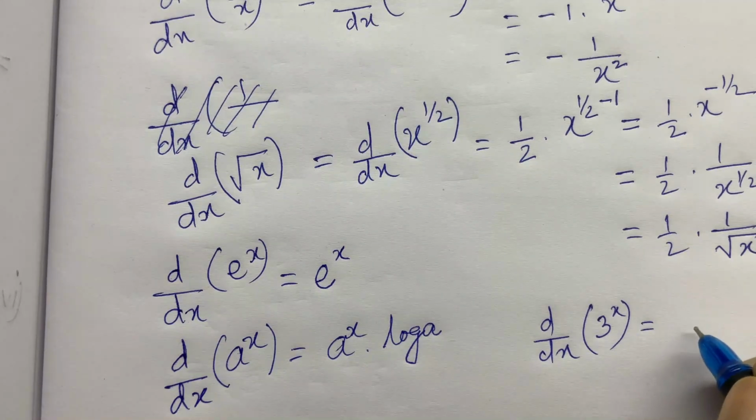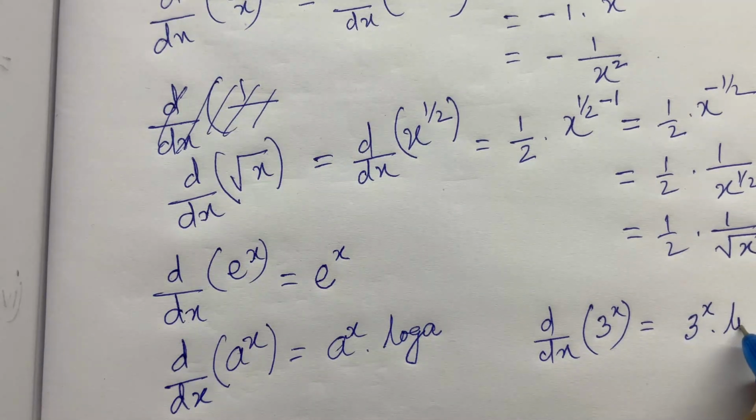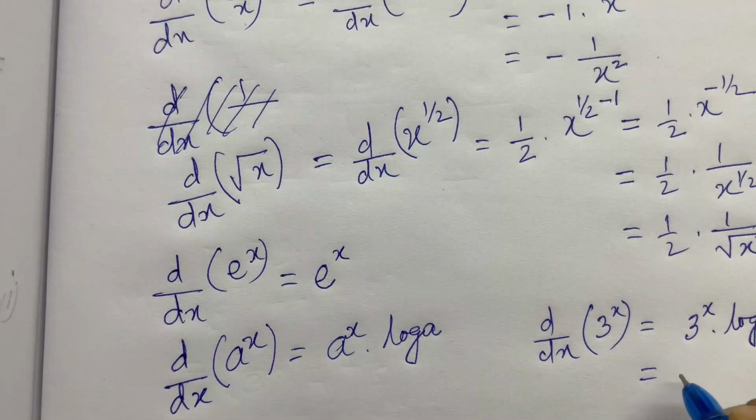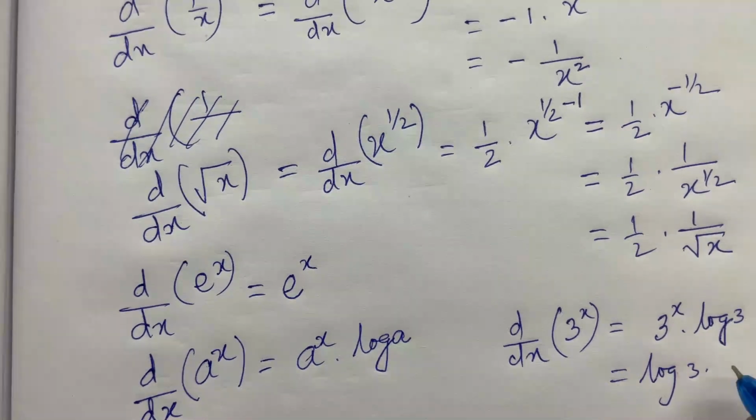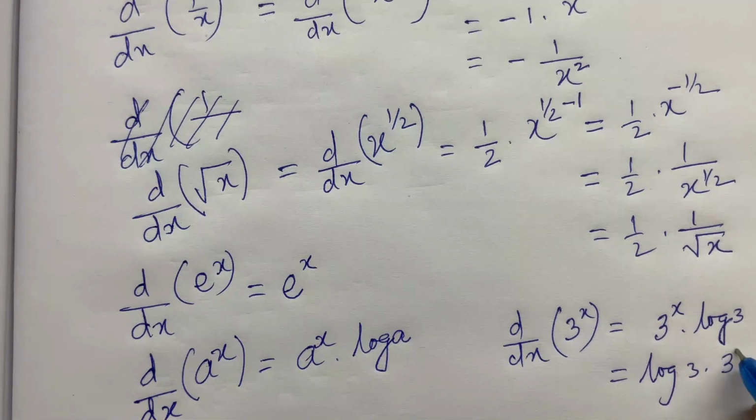So it will be 3 to the power x log 3, or better you can write log 3 into 3 to the power x.